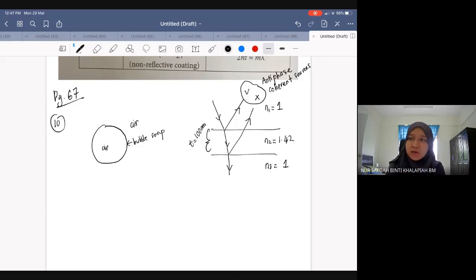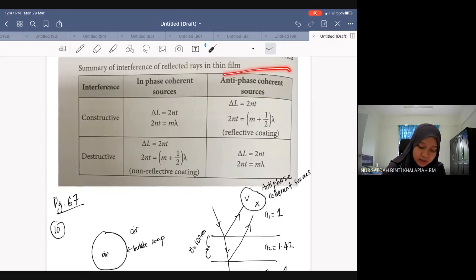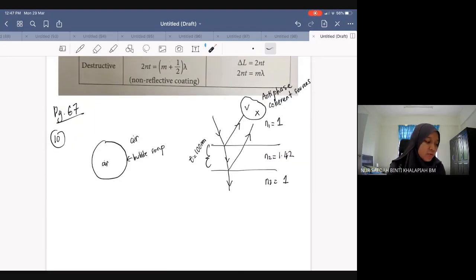Step yang kedua adalah ni dia cakap ni constructive ke destructive kan. Kita dah pilih dah. Dia adalah anti-phase coherent source. Sekarang nak choose constructive ke destructive. Kalau kita tengok dalam soalan, dia cakap what is the wavelength of the visible light that is most strongly reflected. So, most strongly reflected.